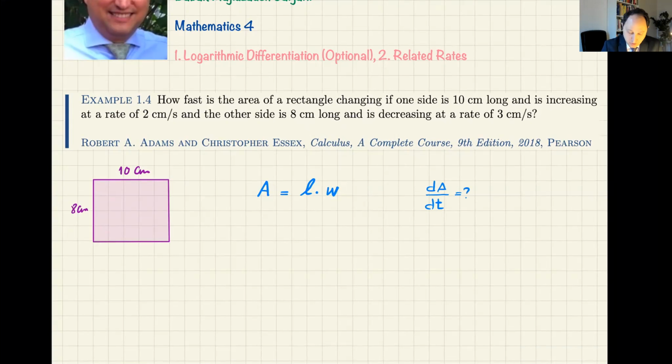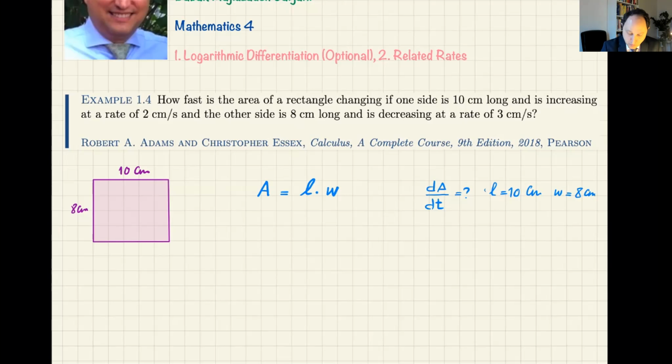Let me read the information again. When one side is 10, for example, the length is 10, at that time, and the width W is 8 centimeters, exactly at the moment that I am looking at a problem.